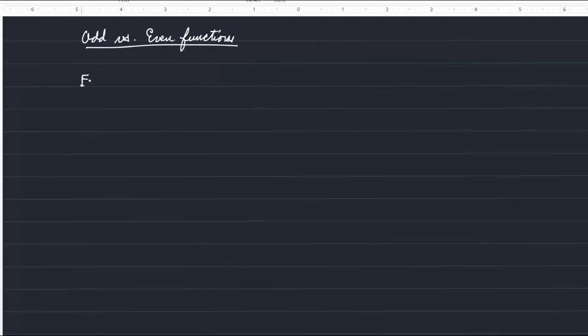So an even function describes a situation when the value at positive x is equal to the value of the function on the other end of the x-axis, at minus x. f of x is equal to f of minus x. So in other words, it's symmetric about x equals 0.